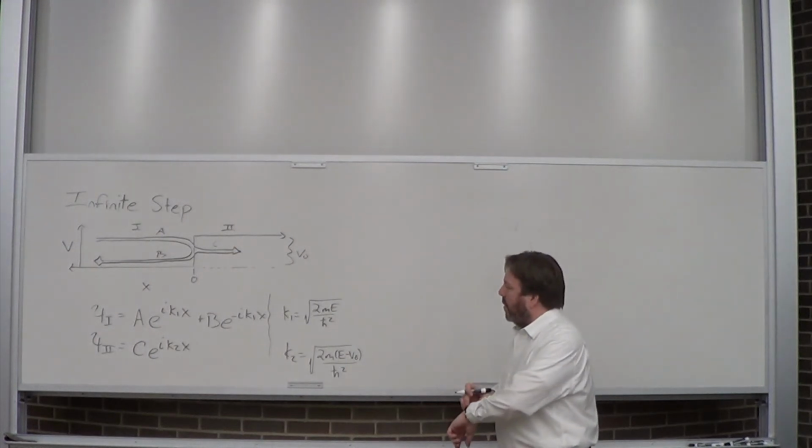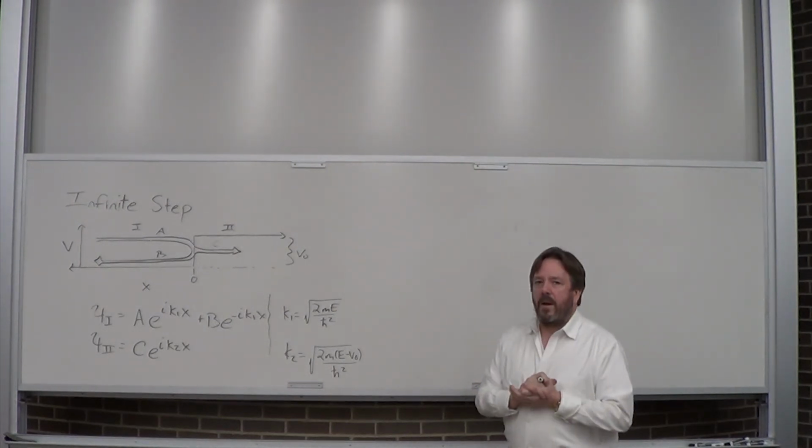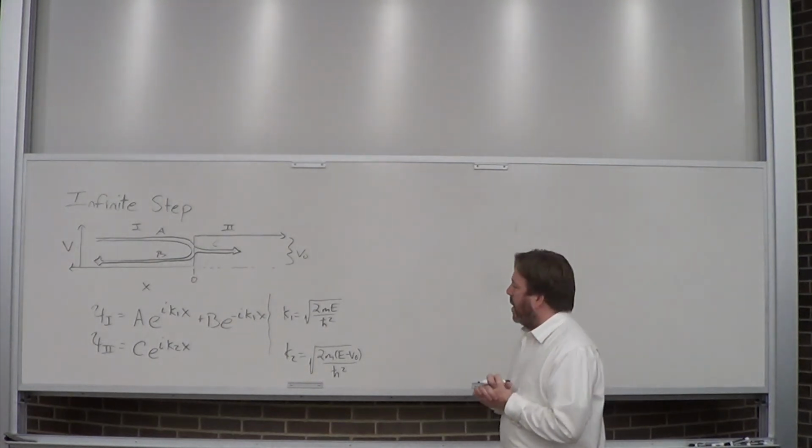Let's see, now, it looks like I'm running out of time, so I could just end there and tell you a little bit about how we're going to set this up.